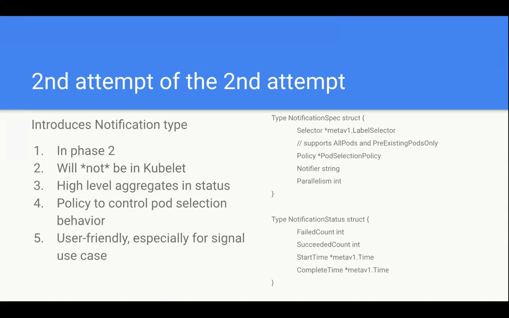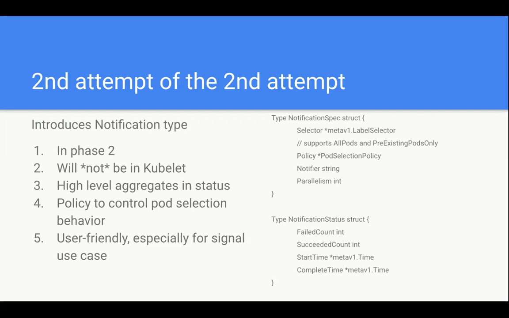No, there's a key difference over here, right? The first difference is this whole notification controller logic will not be in Kubernetes, right? So in this case, Kubernetes will not be the one selecting the pods to be executed. That's one. The other one is that it at least somehow shifts the concern from single nodes to more or less an upper level controller. Where this is, I don't know yet.